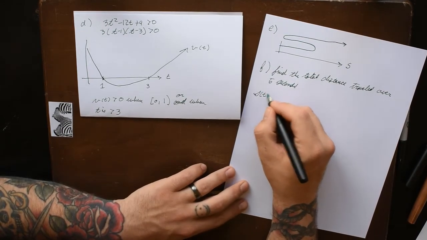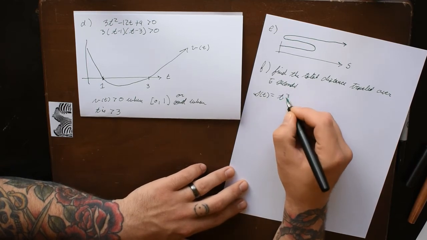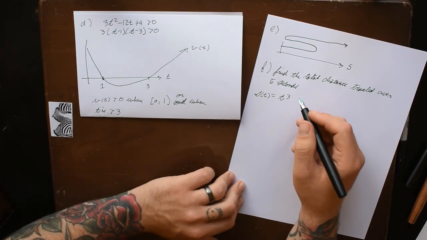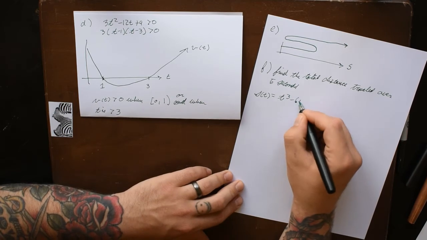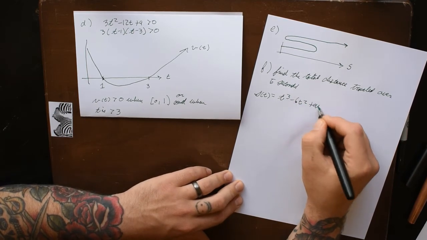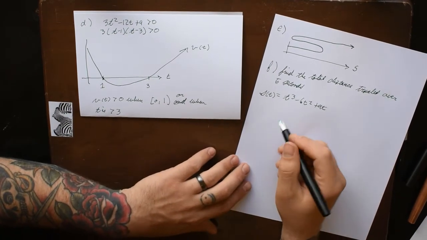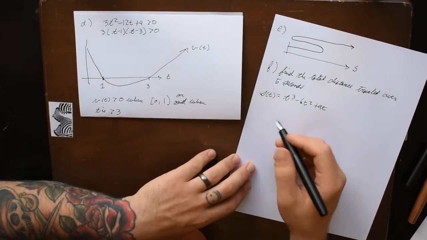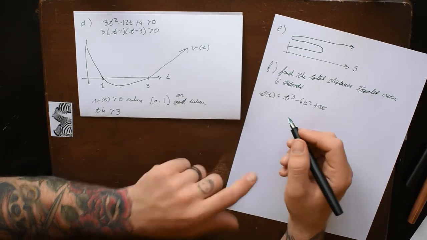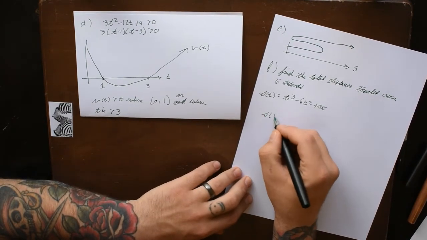We have s of t being equal to t cubed minus 6t squared plus 9t. Perfect. So what we want to do is, first off, figure out how far the particle traveled during the first second.